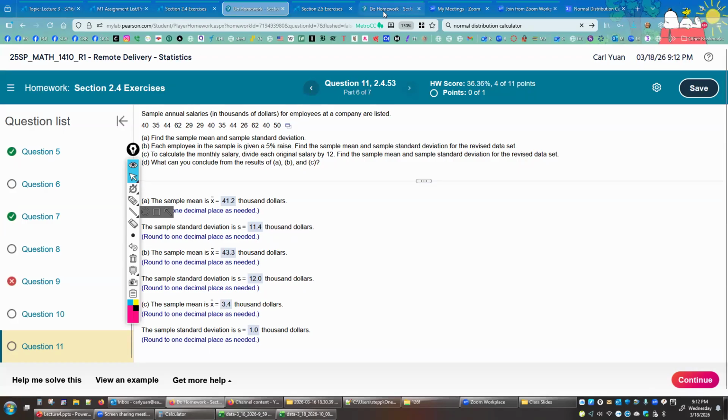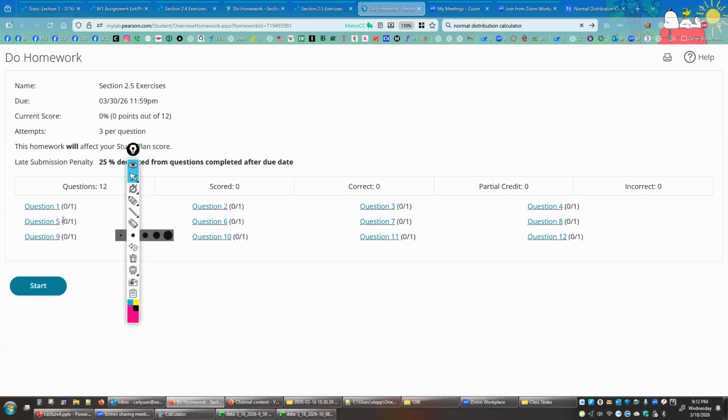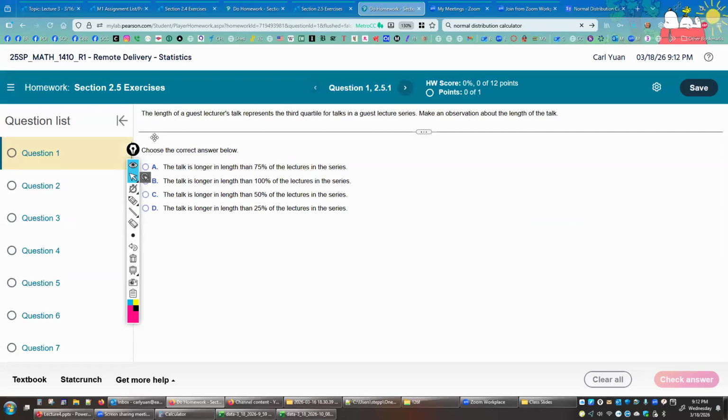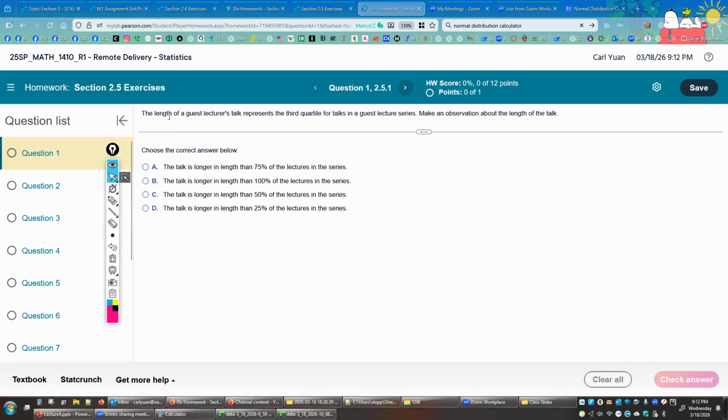I'm going to go into 2.5. So let's do a few from 2.5. Number one says, the length of a guest lecturer's talk represents the third quartile for talks in a guest lecture series.